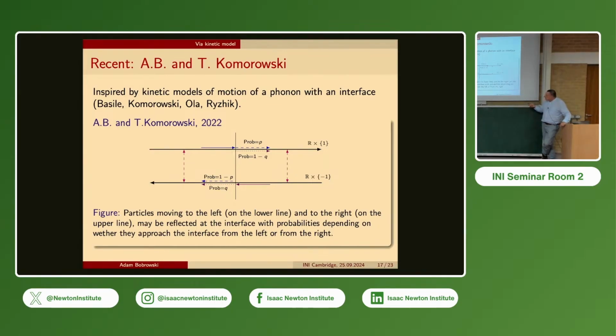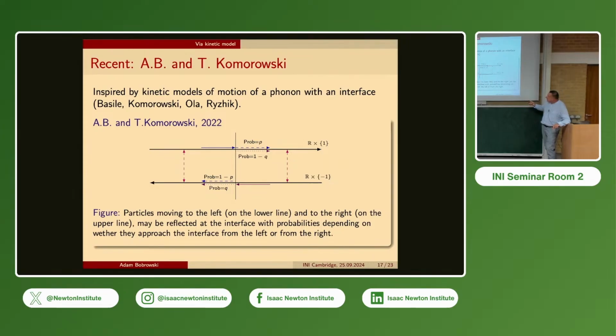Again, a process moves to the right on the upper part, moves to the left on the lower part, and there are jumps from the upper to the lower, and vice versa. But we have another stochastic mechanism. We think of this as an interface.